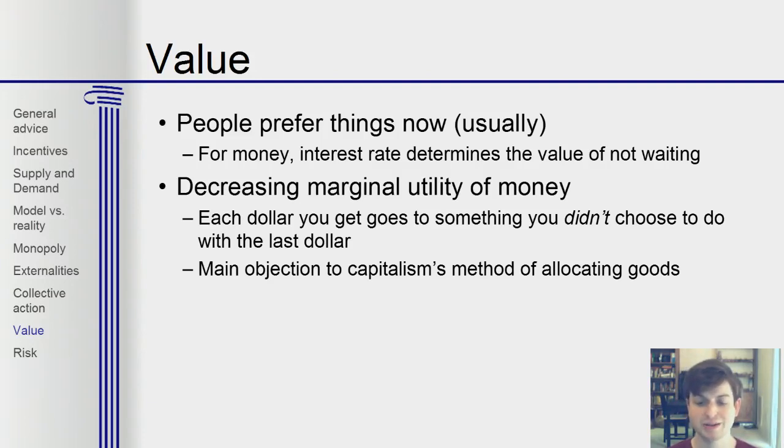As a result, they might be willing to pay a lot for a good, even though someone else would value that good more and would get more happiness from it. So this method of allocating goods doesn't always give goods to the people who would get the most happiness from them, and therefore it doesn't create the most total happiness.